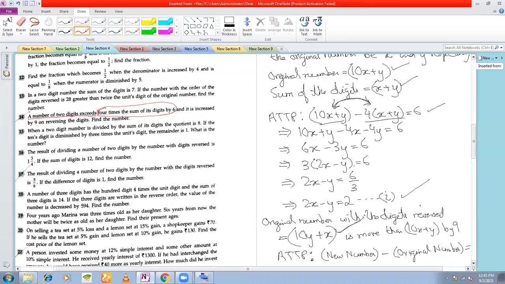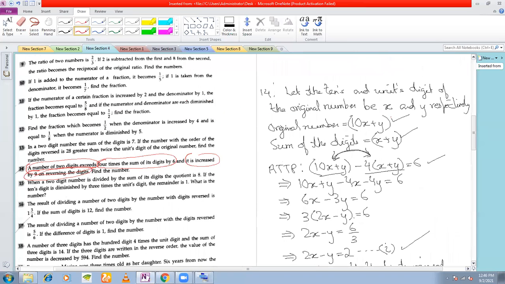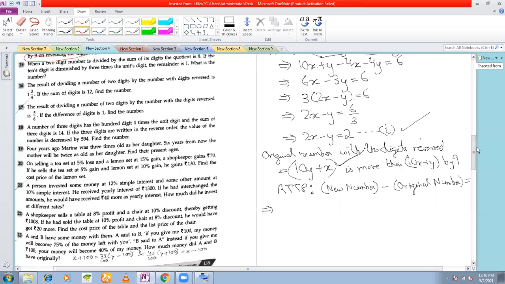And now if you read this sentence in conjunction with this sentence, that it is increased by 9 on reversing the digits. So the number of 2 digits exceeds the digits on reversing the digits by 9. That means the original number was 10x plus y, and after I reversed the digits, I got 10y plus x.